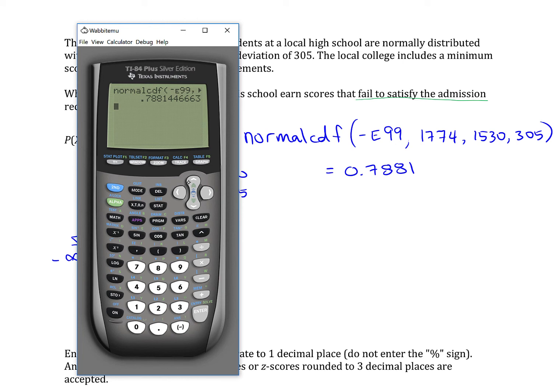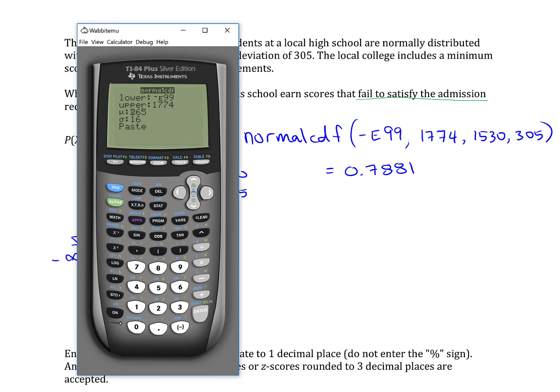Now, when you called up the normal CDF function, it's possible that you saw a menu come up. And that's okay. The menu is just trying to help you know what the 4 inputs to the normal CDF are. The lower bound and the upper bound are the first 2 inputs that we used.